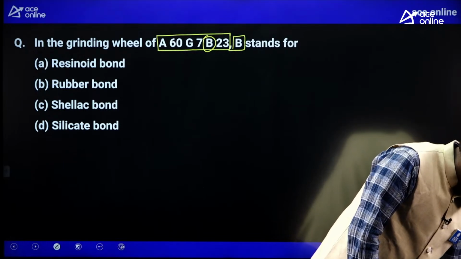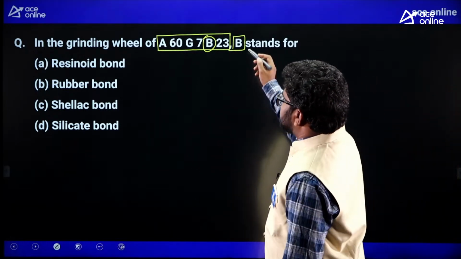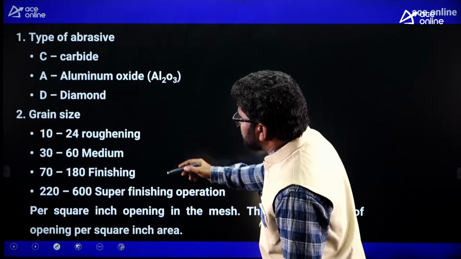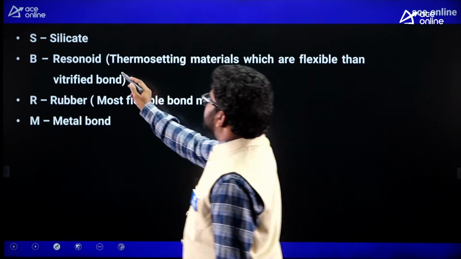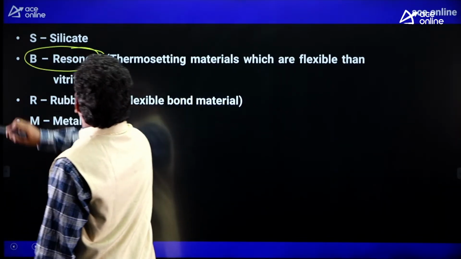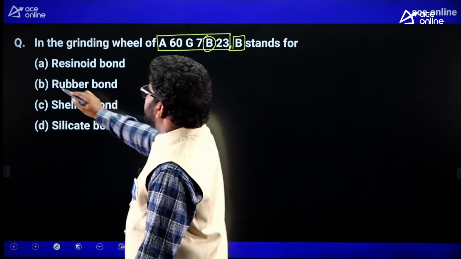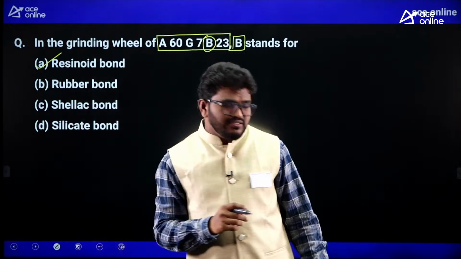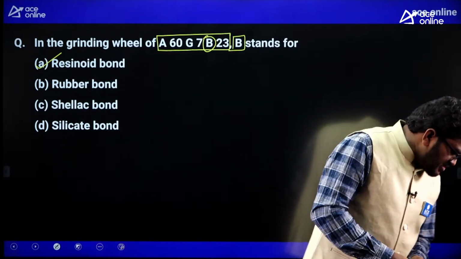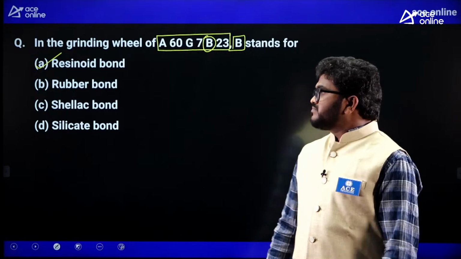Akhil, you are right, because B represents resinoid bond. So in this question they are asking B, and B represents a resinoid bond.